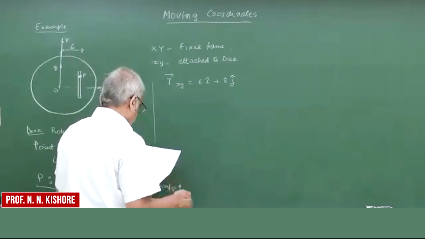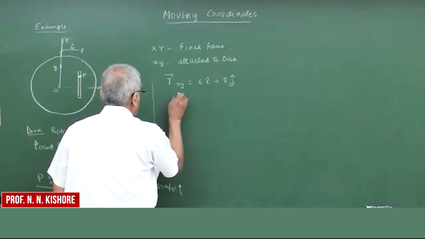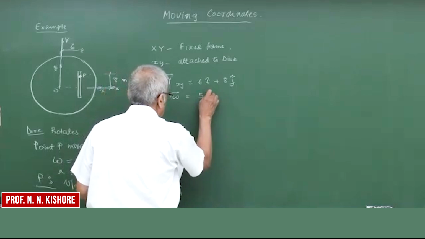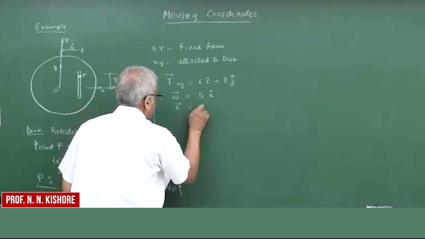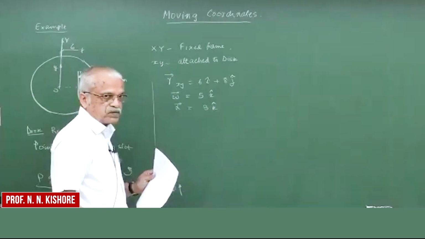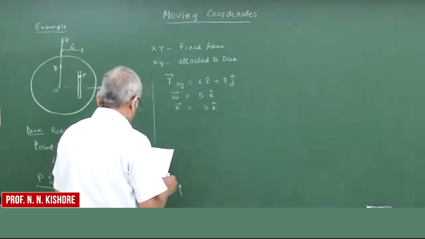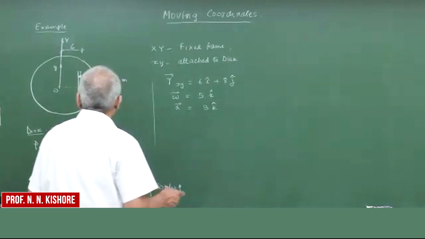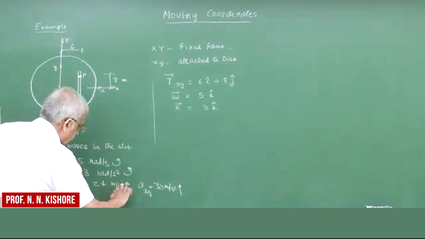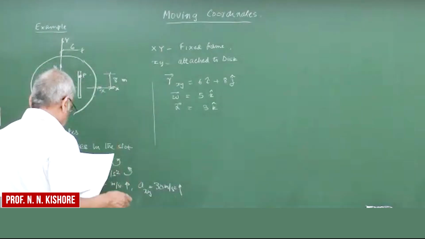Omega is given there, so we have omega as 5k, and alpha is 3k. So we are putting everything in terms of vectors ijk. If you want to find the velocity, the velocity given here is 4 meters per second, of P going in the slot.